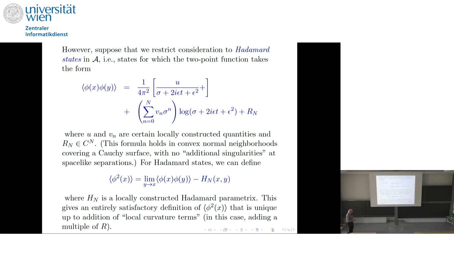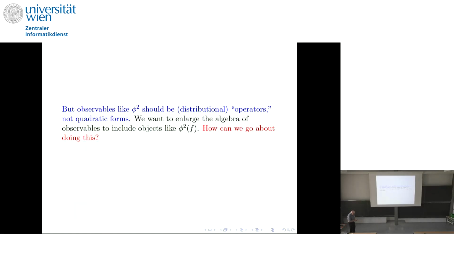This will give a completely satisfactory definition of the expectation value of phi squared, up to ambiguities in how you define this, which would correspond to addition of local curvature terms, which in this case would just be multiples of R. But we really want this as operators, not just as a sort of quadratic form.